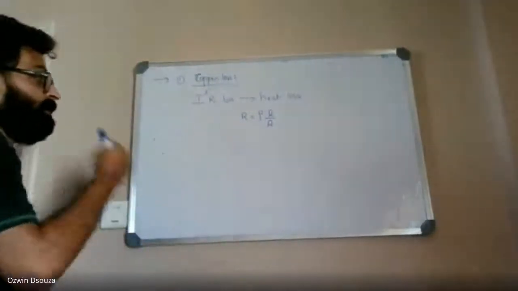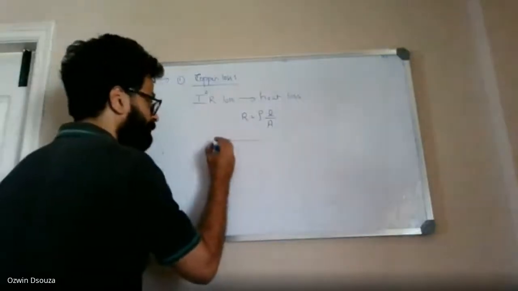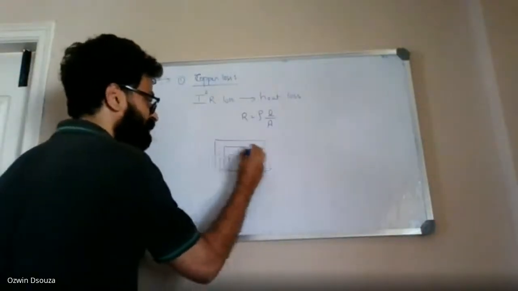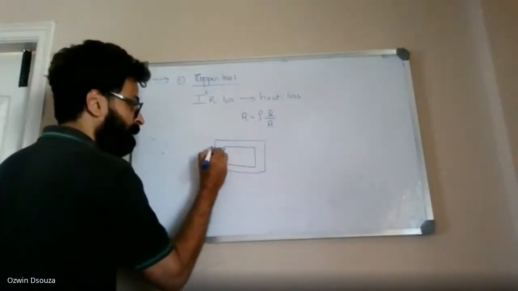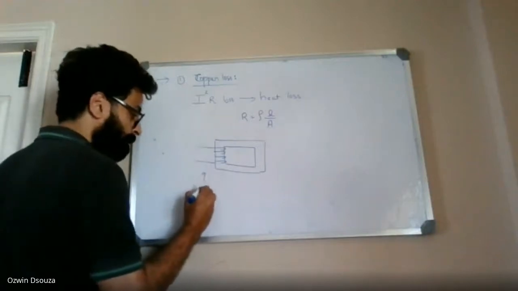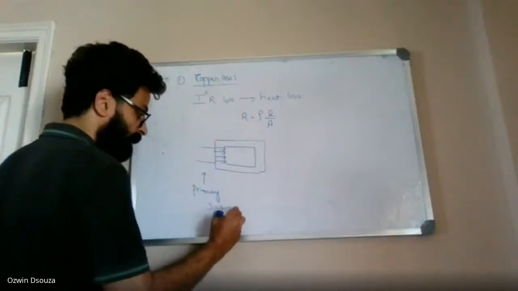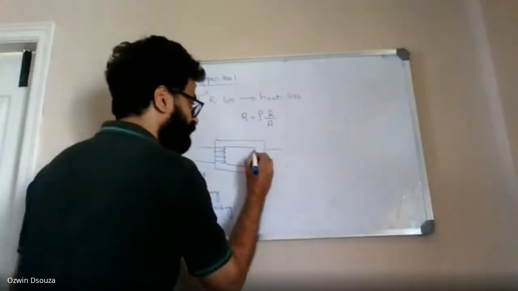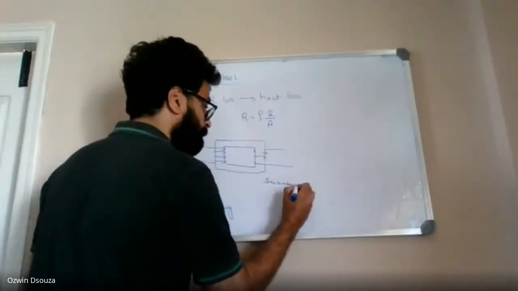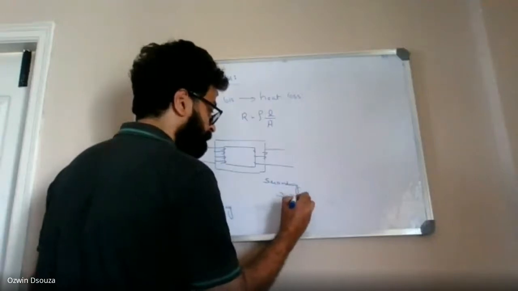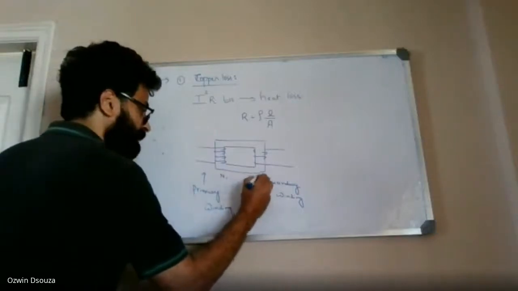Fine. Now, in case of transformer, there are two circuits: the input circuit and the output circuit. The input circuit will have what is known as the primary winding. And the output circuit will have the secondary winding. Say this is N1 and this is N2.